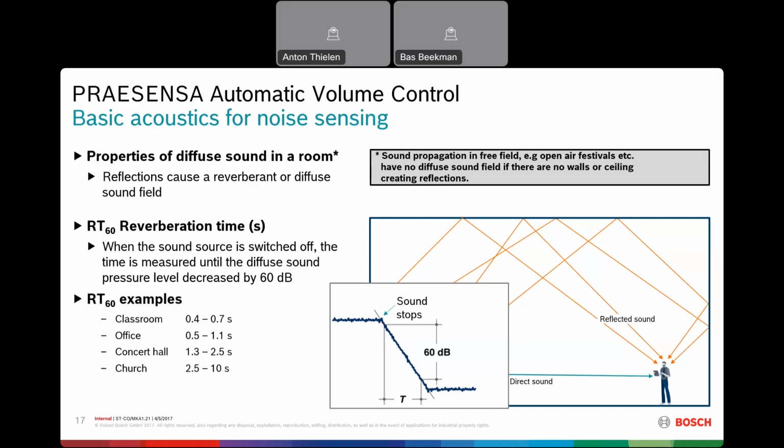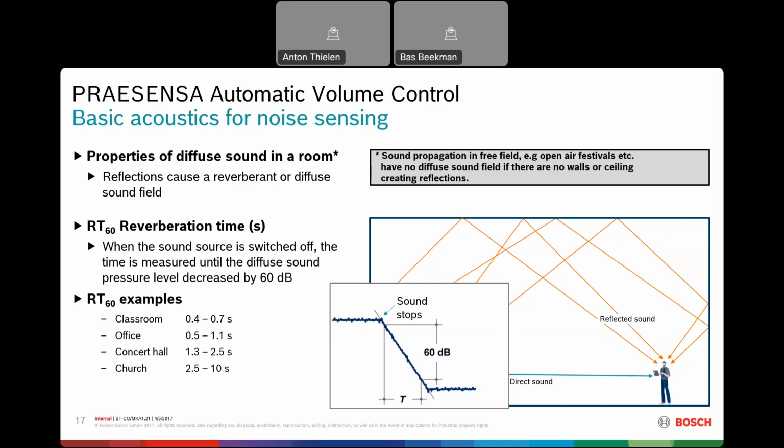That depends on the type of room, but also on the type of acoustic absorptive materials, etc. So you can, of course, influence that RT60, and it's pretty important for how the acoustics are in your room.